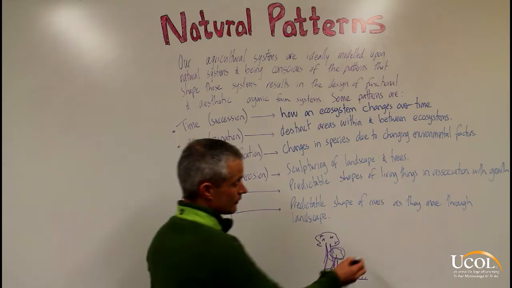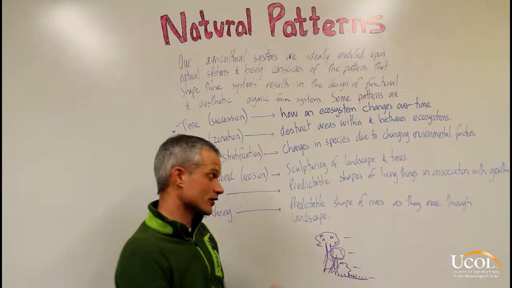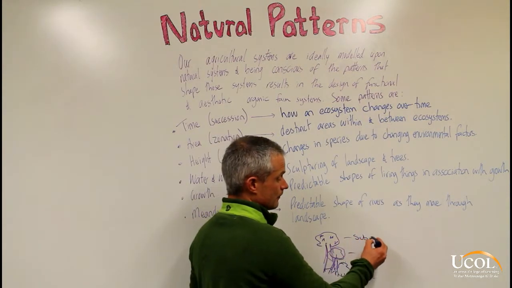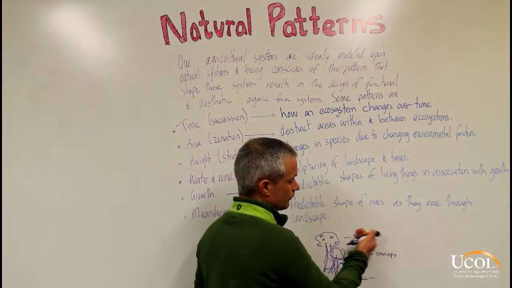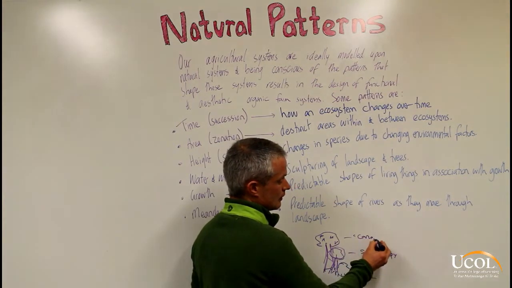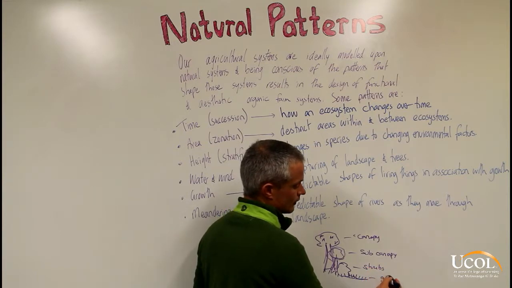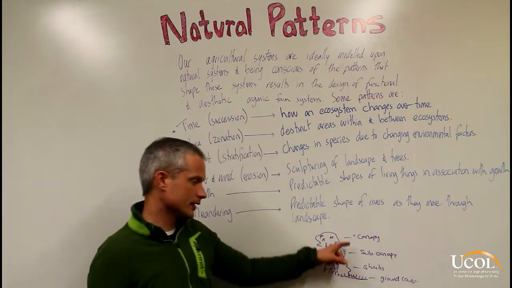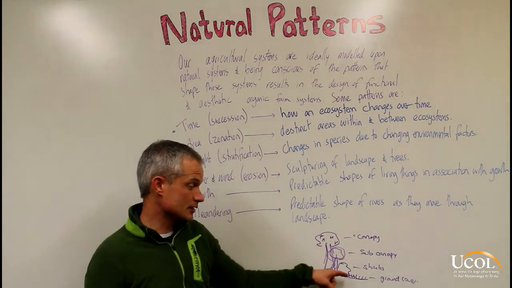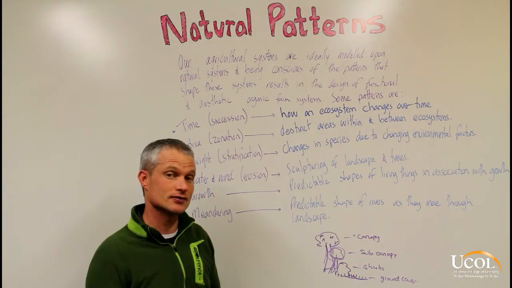So being aware of these different layers within a forest, the sub-canopy, the canopy, shrubs and ground cover, you can pick productive species that are representative of these different layers and include them in your system.